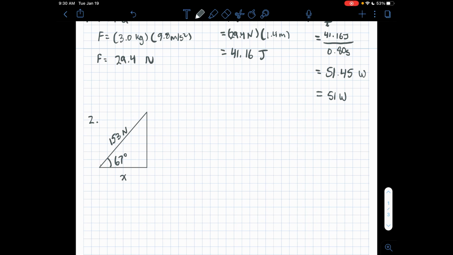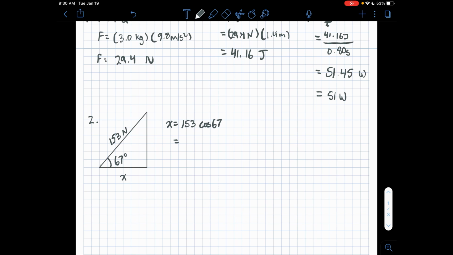So what you want to do, first find x, the adjacent side, make sure that everything's in the same direction. x is equal to 153 times the cosine of 67 degrees, which is equal to 59.78.